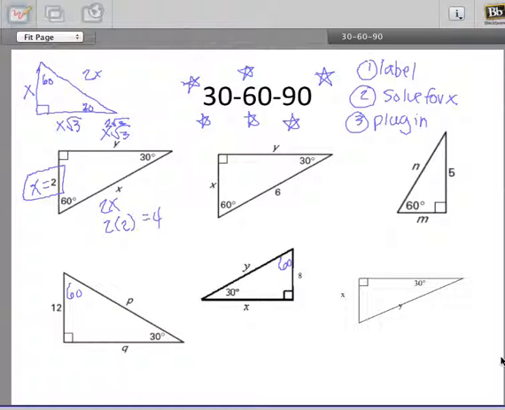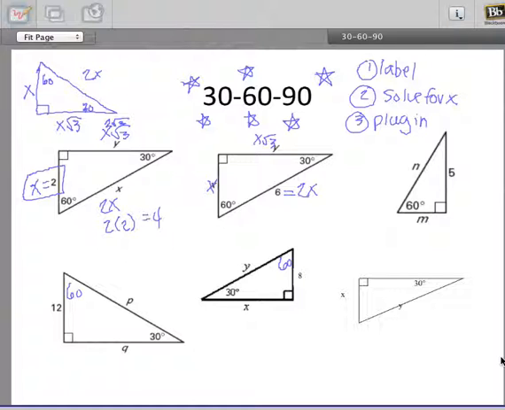Let's try another one. First step, label my pattern. Across from the 30, he's the x side. Across from the 60, he's the x radical 3. And across from the 90, he's the 2x. Now I need to solve for x. So I set this side I'm given, that 6, equal to the pattern, and I solve for x.